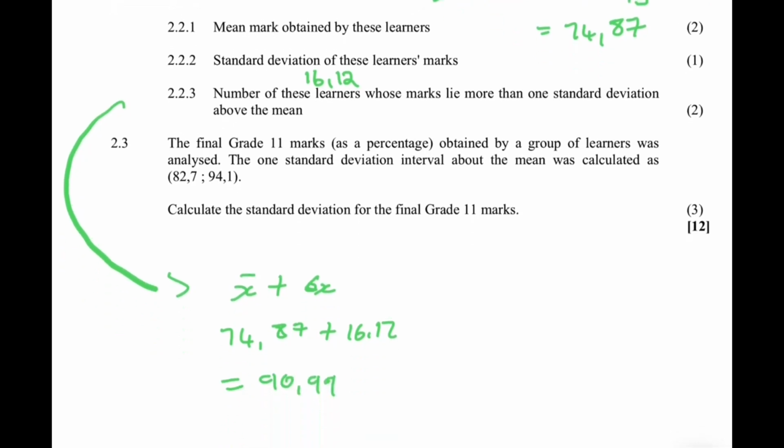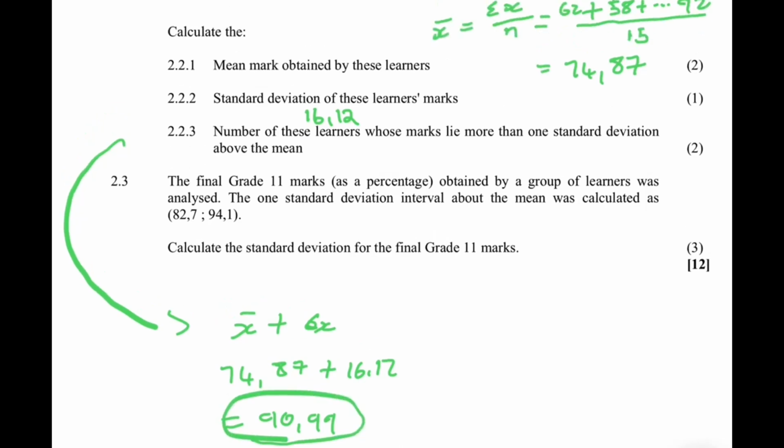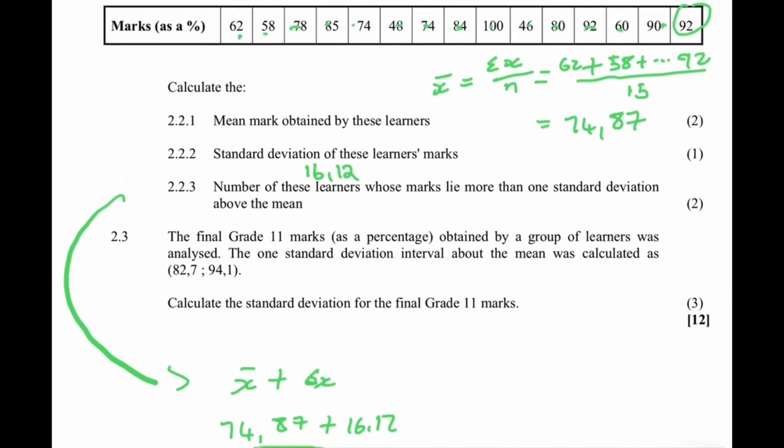So how many people got more than 90.99? 1 standard deviation above the mean, right? The question can also ask you to find people who got marks that are lower than 1 standard deviation below the mean. But anyway, let's answer the questions we are asked.